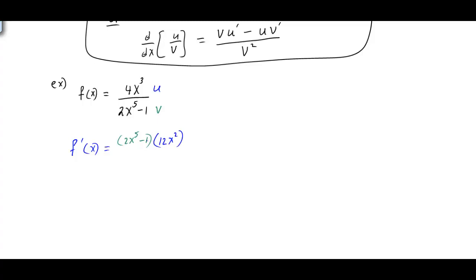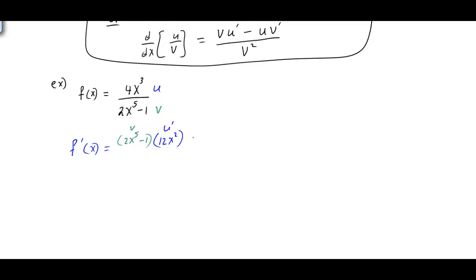And you'll notice once again how I will always put each one in parentheses. So I put v in parentheses multiplied by the derivative of u. Okay, so here we have v multiplied by u prime.